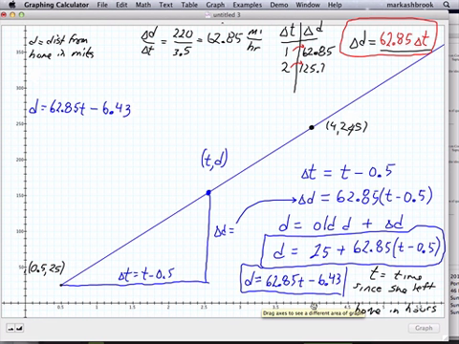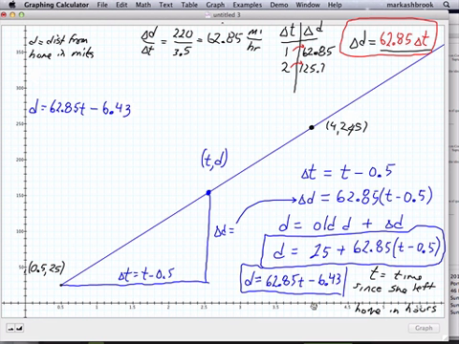Are d and t proportional? Is d a constant multiple of t? Why not? Because their ratio changes. Yeah, the ratio.